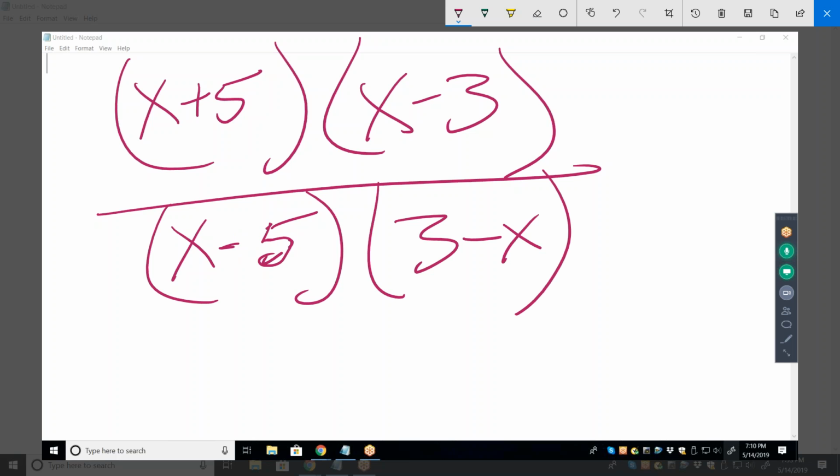Can you do anything with x plus 5 over x minus 5? No, you can't. They're not the same. You cannot do anything with them. Can you do anything with x minus 3 over 3 minus x?